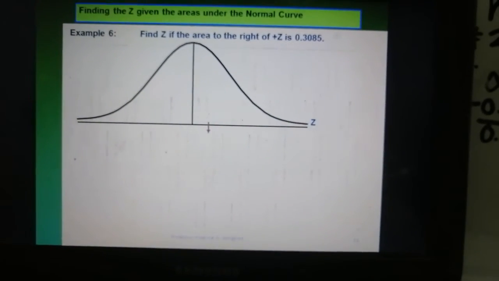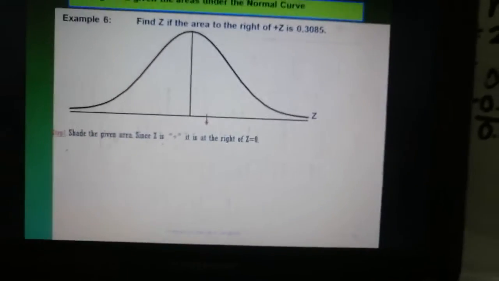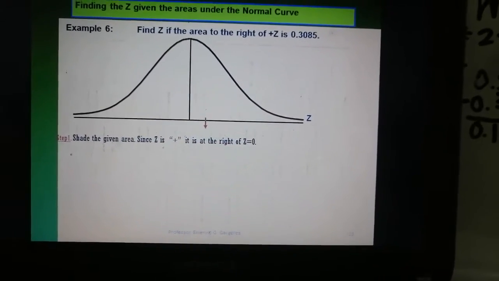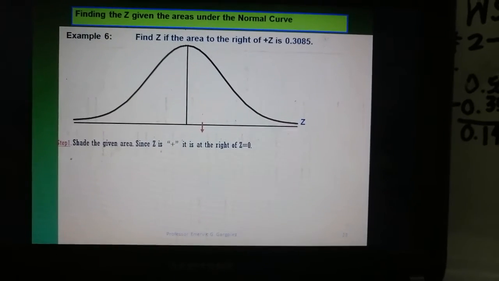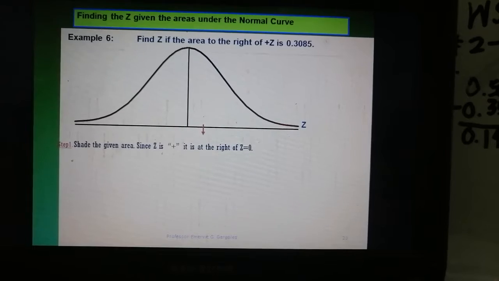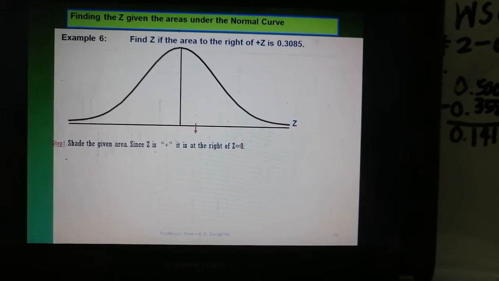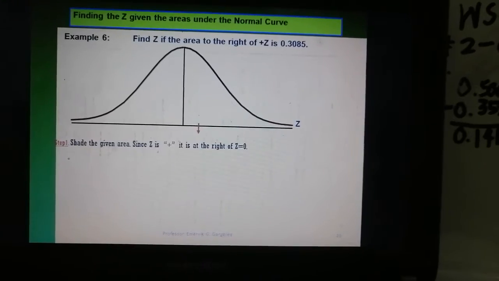So again, you need two steps in answering questions like this. The first one is you shade the required region or the given area from the distribution. Since it's given in the problem that z is on the right of the mean, then z is going to be positive. And what do you have to shade?